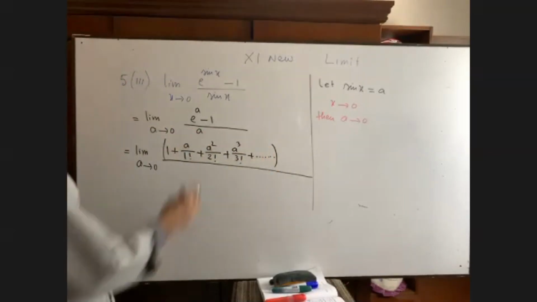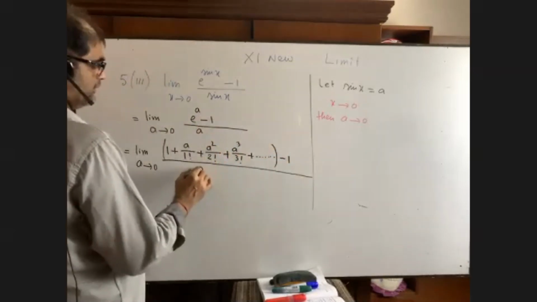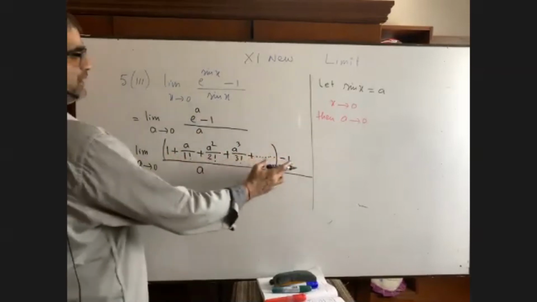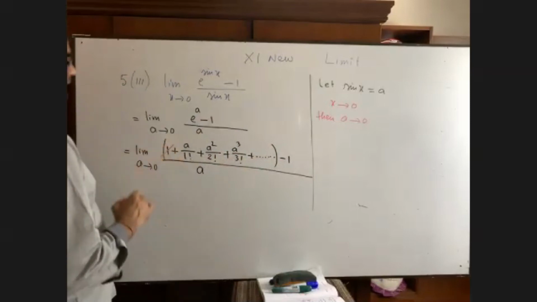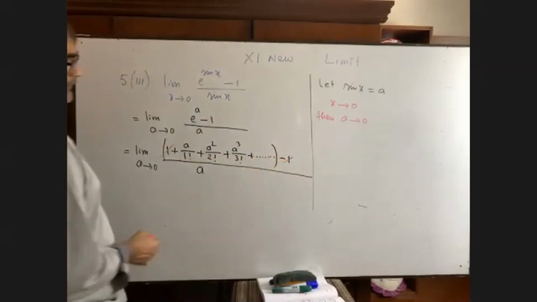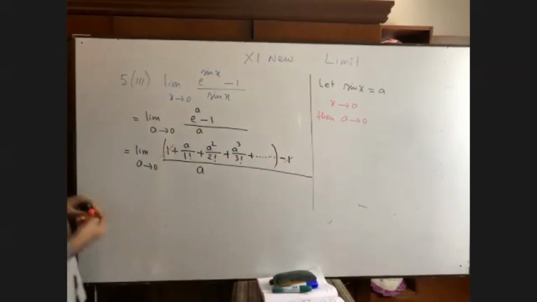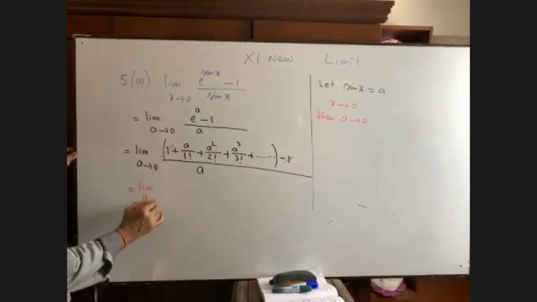Now you see there is minus 1 here. You write down minus 1 and it is a. Am I right? Now this 1 and this minus 1 will be omitted. So we are left with the limit as a tends to 0.